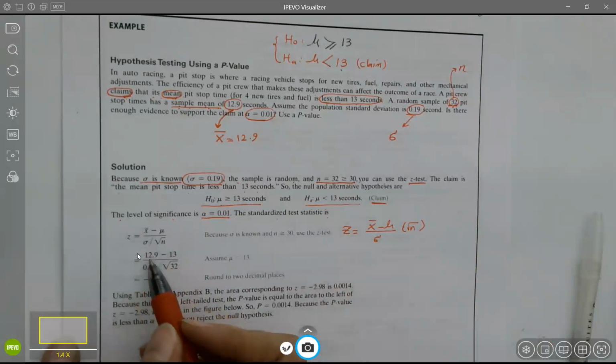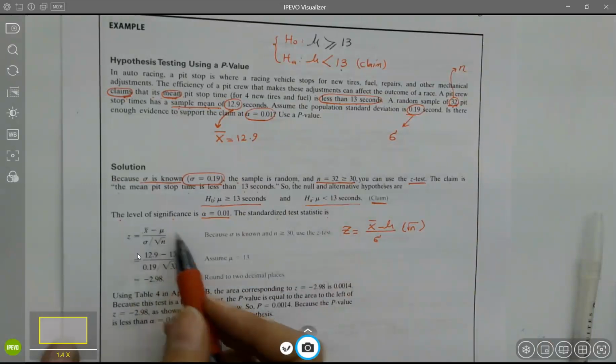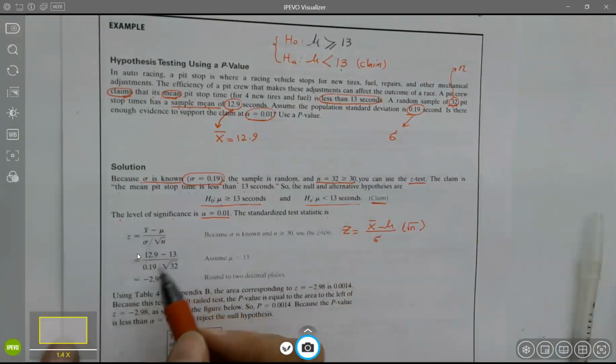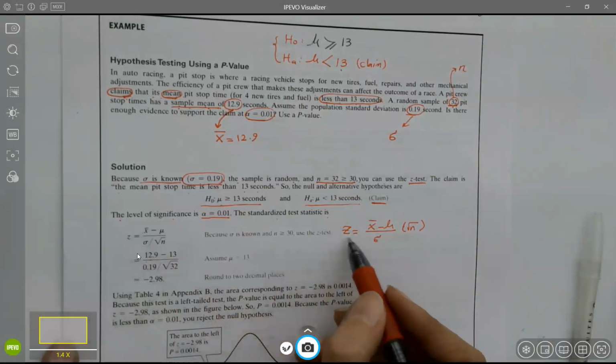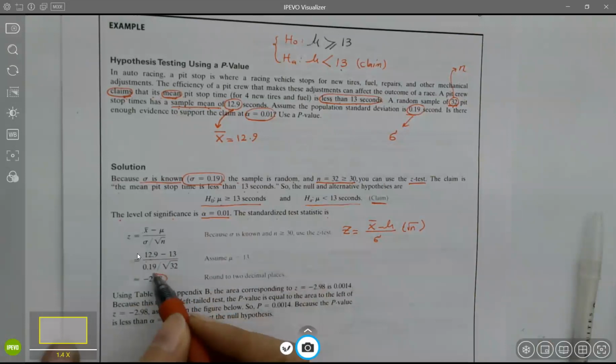We plug in the information that we have. X bar is 12.9, mu is 13, sigma is 0.19, and n is 32. We plug them in and we get approximately negative 2.98.